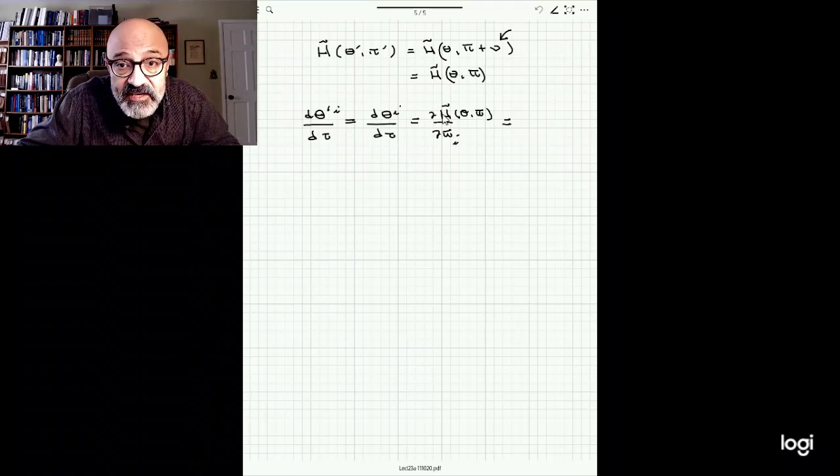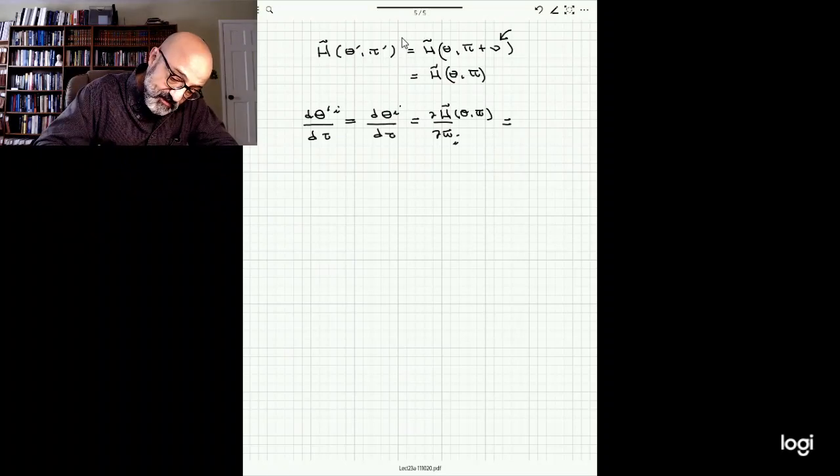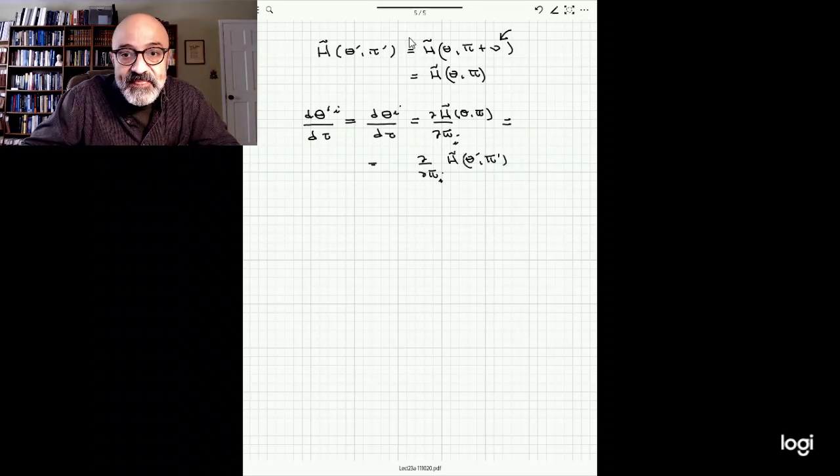But this guy here, as we just showed, is the old Hamiltonian. Let me write it in the next line. This is the Hamiltonian written in terms of the pi primes.